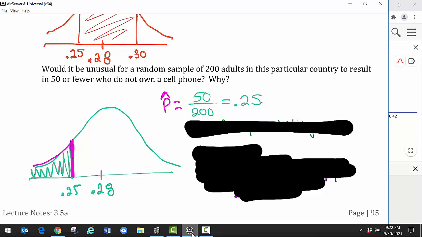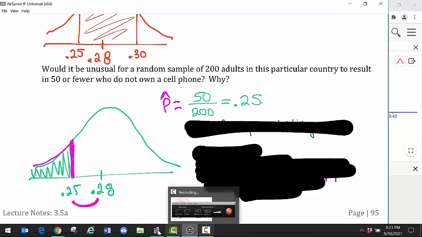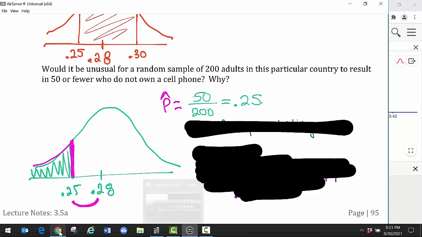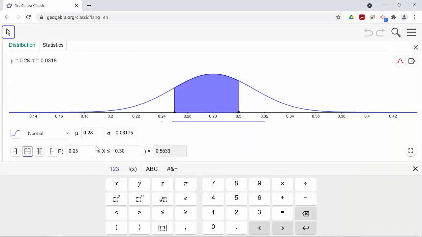And so you could do it by figuring out how many standard deviations below the center this is, or by finding the probability. So let's first find the probability. I'm going to go over here. Goodness gracious, there we go. And this time I want it less than 0.25, and I get 17%.